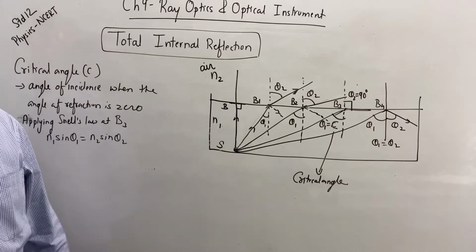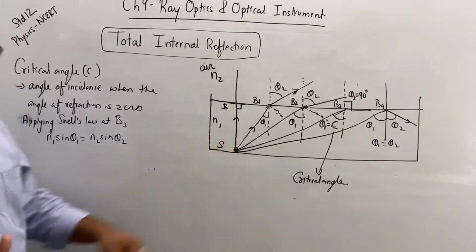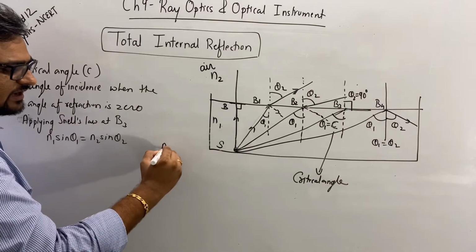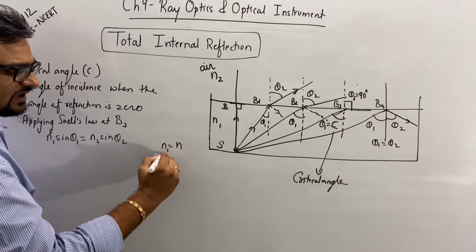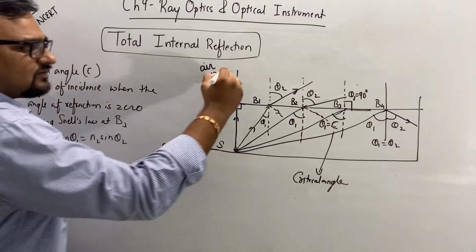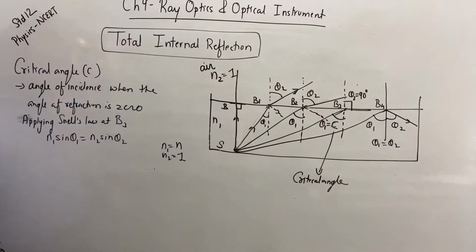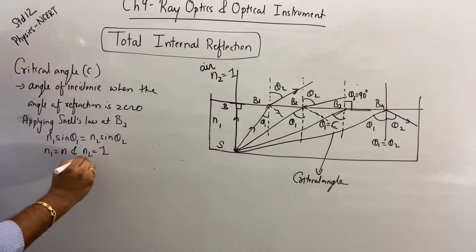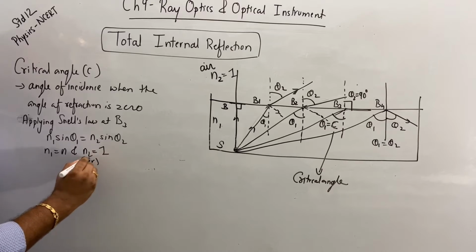Clear? So now what is N1? That is the refractive index of the medium. Let's take N1 equal to N and N2 equal to 1, that is the refractive index of air.